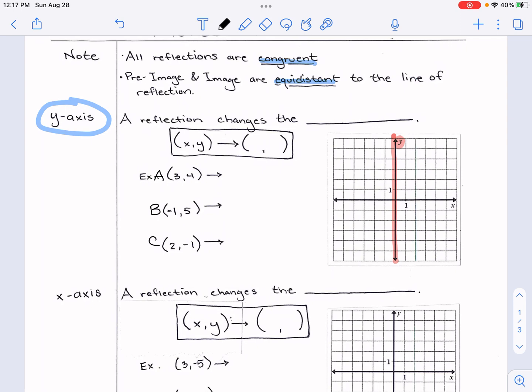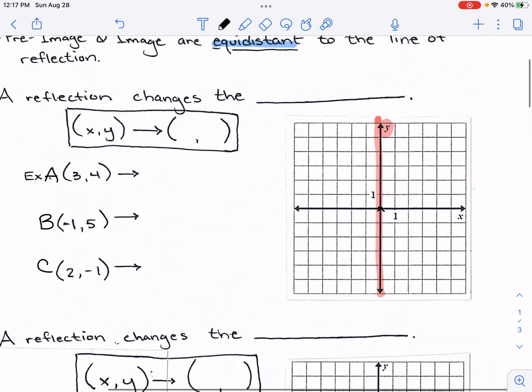Okay, let's start with A. A is the point (3, 4). So we know to begin at the origin, and we're going to go 3 to the right and 4 up. So 1, 2, 3, 1, 2, 3, 4. Right, this is A. For A prime, put A prime here.